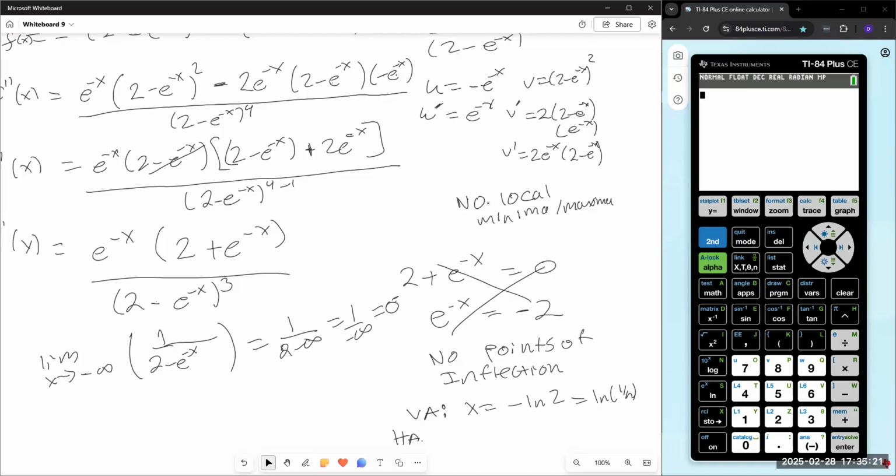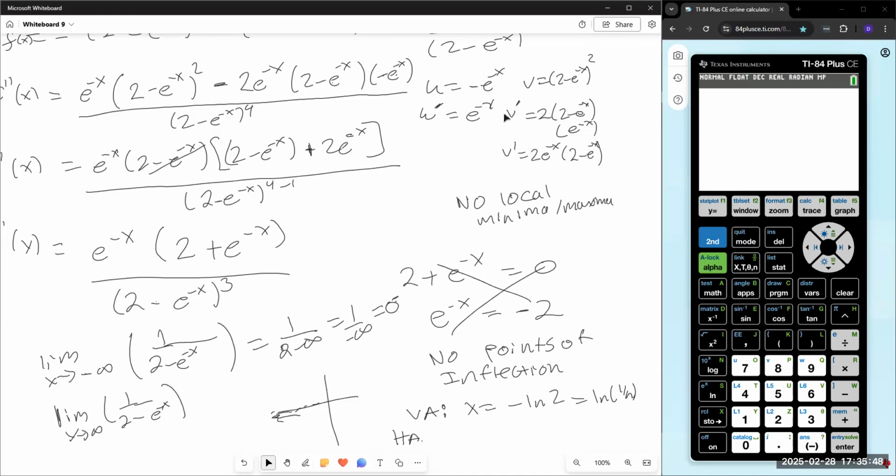Okay, so on my graph here, on the left-hand side, I come at 0 from the bottom. And then on my right-hand side, the limit as x goes to infinity of 1 over 2 minus e to the negative x.